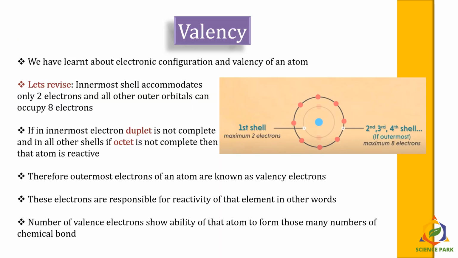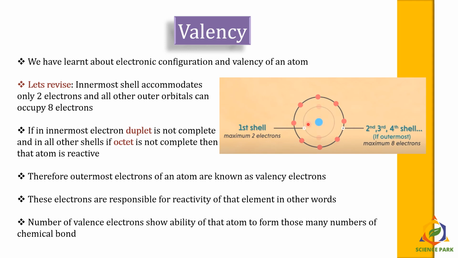Now after all this, let's get to know more about valency. We have learned about electronic configuration and valency of an atom in an earlier session. Now let's revise. In the structure of the atom, the blue dot is the nucleus.